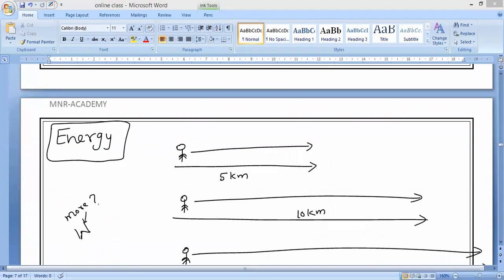Energy is the ability to do work, or anything which is able to do work is said to possess energy.